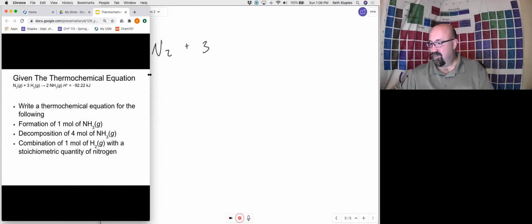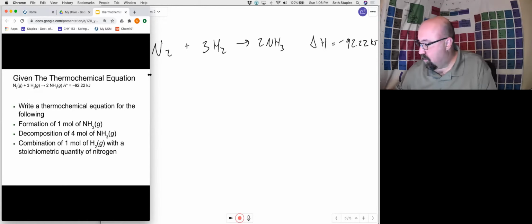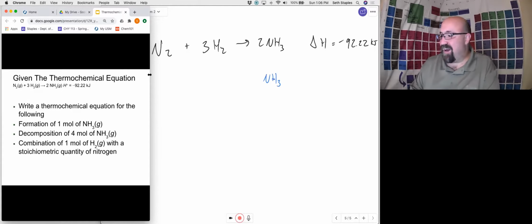N2 plus 3H2 giving us 2NH3, and we said that delta H for that is equal to negative 92.22 kilojoules. But now we're saying that for whatever reason, we want to know the energy that is released if we only form 1 mole of NH3. To form 1 mole of NH3, we have to divide everything through by 2.